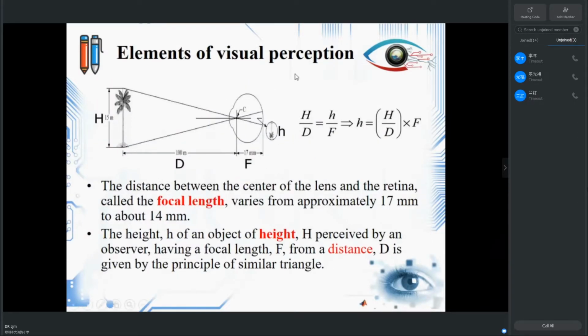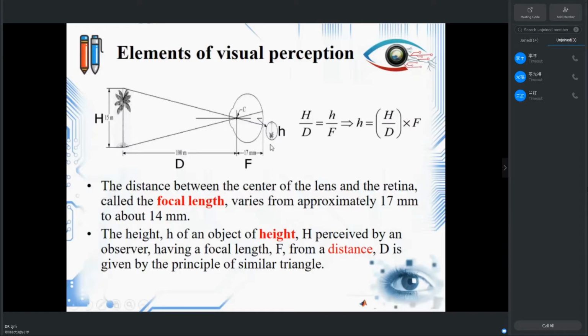Let us now see it from a mathematical point of view. Suppose we have an object like a tree that is 15 meters high and we are 100 meters away from that object. In our eyes, from the lens to the retina, we have around 70 millimeters.